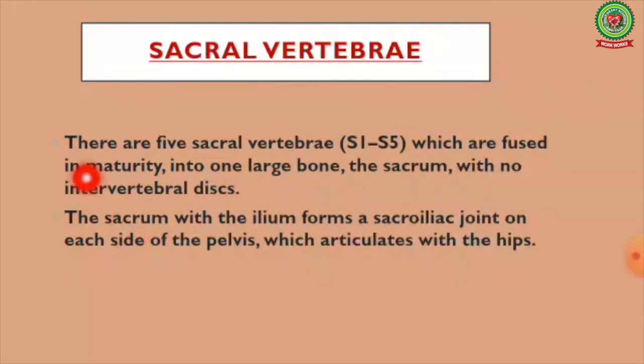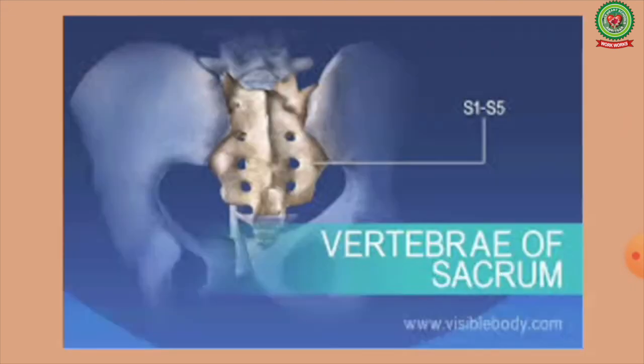Sacral vertebrae. There are 5 sacral vertebrae, S1 to S5, which are fused in maturity into one large bone, the sacrum, with no intervertebral discs. The sacrum with the ilium forms a sacroiliac joint on each side of the pelvis, which articulates with the hips.